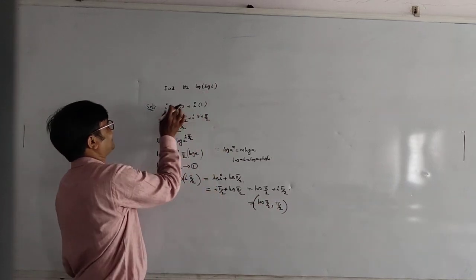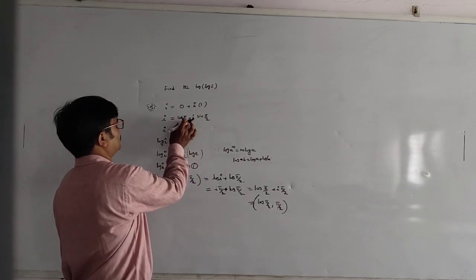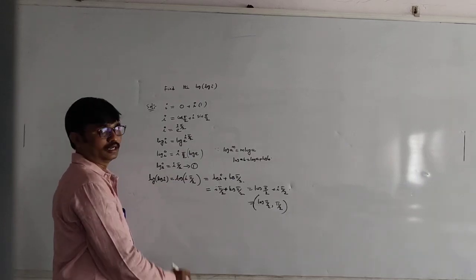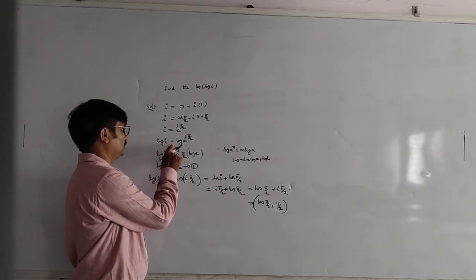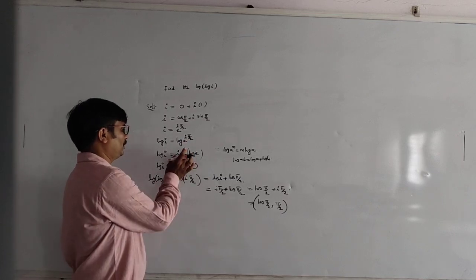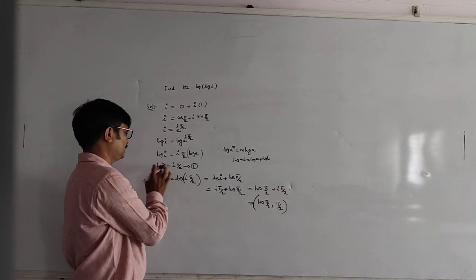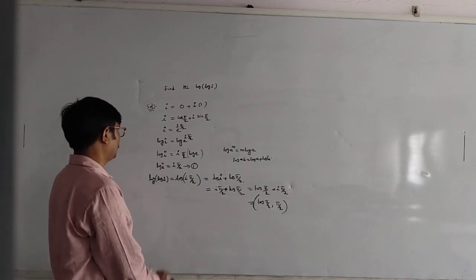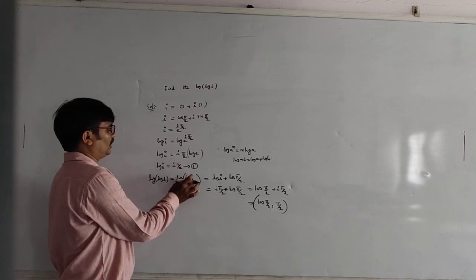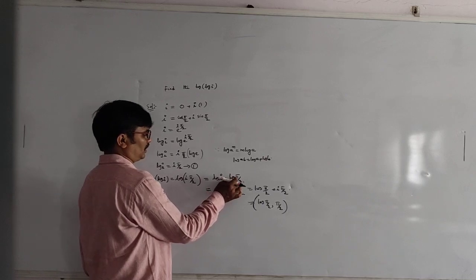To recap: first we write i as 0 plus i into 1, that is cos 90 plus i sin 90, which is e power i pi by 2. Applying log on both sides, log i equals i pi by 2 log e, and the value of log e is 1. Again applying log on both sides, log of log i is log of i pi by 2, which is log a plus log b.